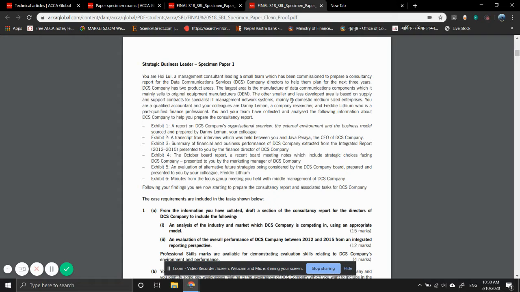The other, smaller and less developed area is based on supply and support contracts for specialist IT management network systems.